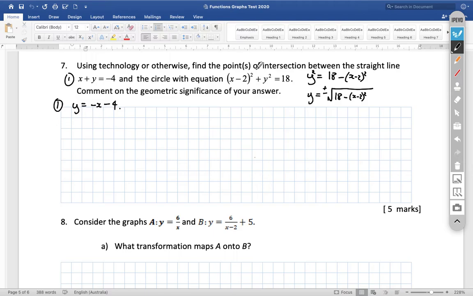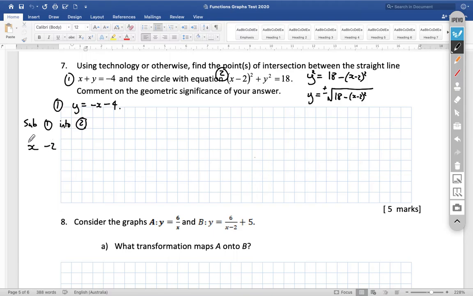Right, and then I call this equation 2, sub 1 into 2. We don't have a lot of space here, but I'm trying to explain to the reader of my test what I'm doing here. So anytime I saw y, I'm going to make it this, minus x minus 4.